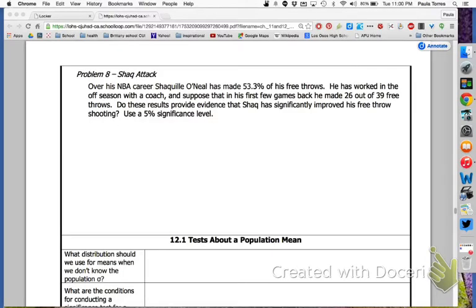And for this problem, as I read, Shaq's free throws, that looks like they're talking about the claim. So that would be my p. And then I notice that he's made 26 out of 39.